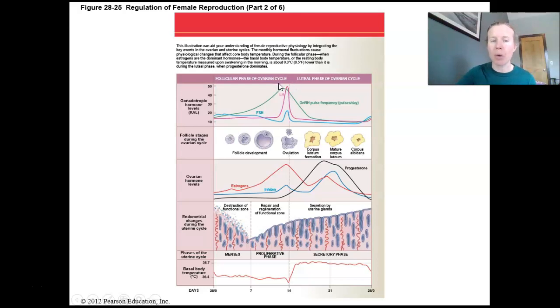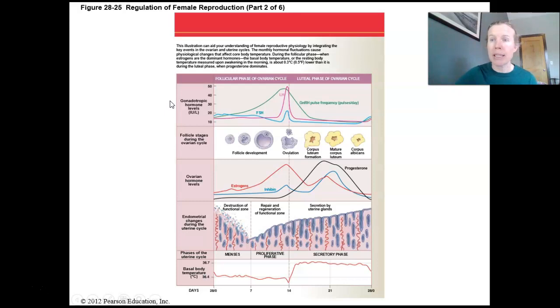So the way that we always kind of set this, remember, is day 0 is when menstruation occurs, right? Day 14, right in the center here, is when ovulation occurs, right? And then we finish up the cycle, day 28, 0, right? We're right back to the start of this cycle.